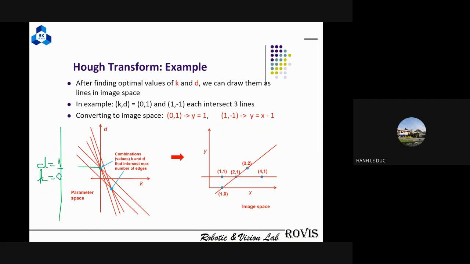So the equation is y equals kx plus d. Replace k equal to 0 here and d equal to 1 here, so we will have the equation y equal to 1.